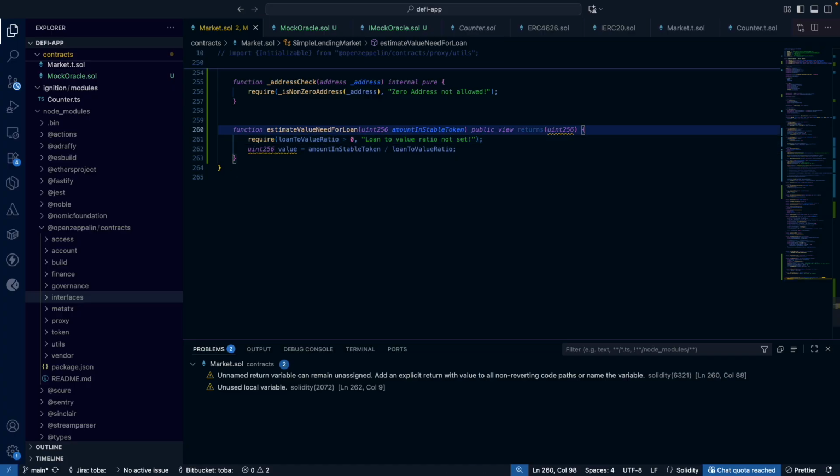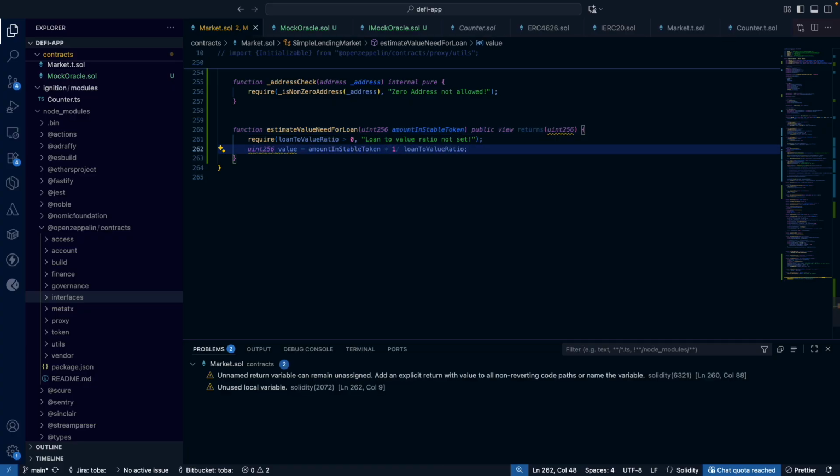Now remember that this is a big number and this is also a big number, and I've told you before that when you're dividing two big numbers, you have to multiply. So this is the amount in stable token divided by loan to value ratio. Because we're dividing, we need to multiply.